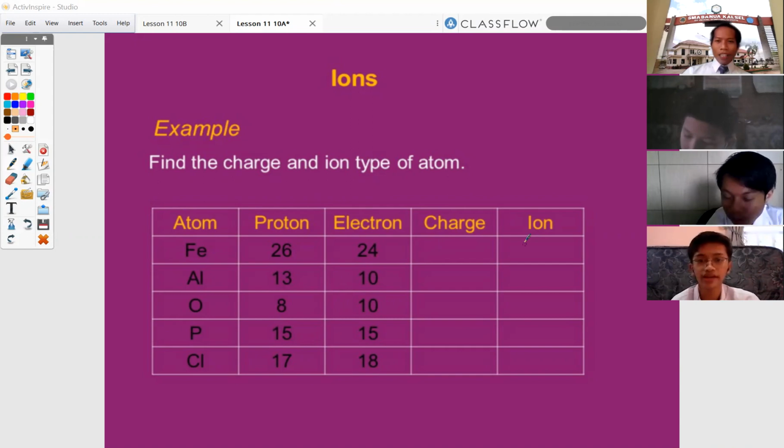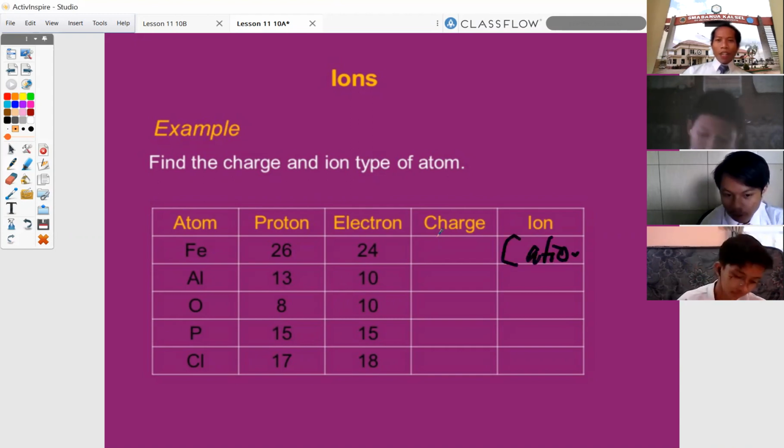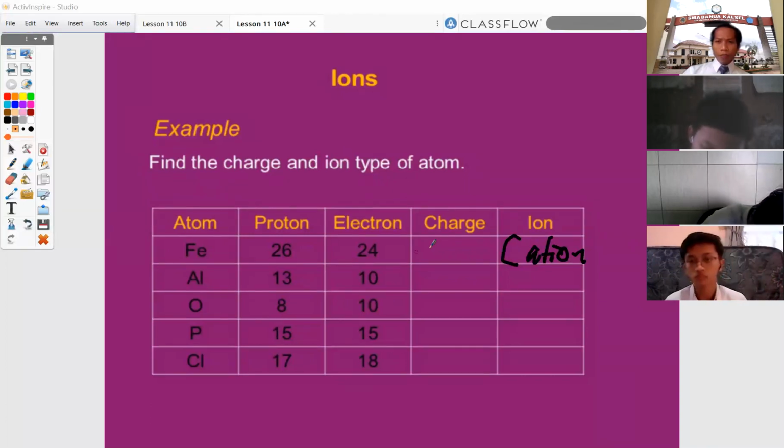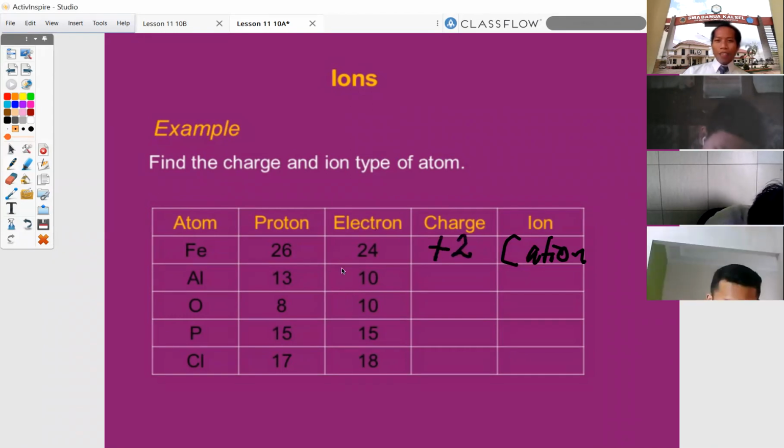The name of the ion is cation. How about the charge? Fauzan Ahsani, can you give me the charge? 2. Yes, it must be positive. Don't forget to put positive 2 because it's the charge. Good. Hafiz Ilmi, the second one.